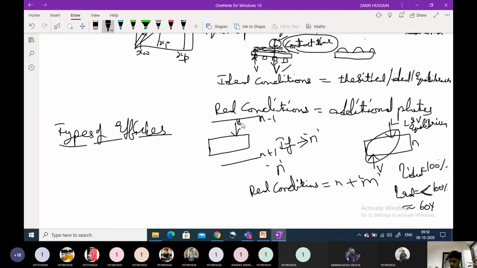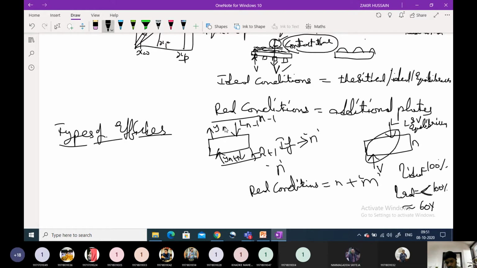Depending on the vapor flow rate, the liquid is coming from the top to bottom, so it will be L n minus 1 and Ln, then Yn plus 1 and Yn. Depending on the flow rates and the mole fractions on the particular plate, we will calculate the efficiencies.